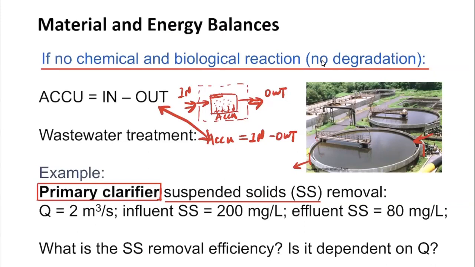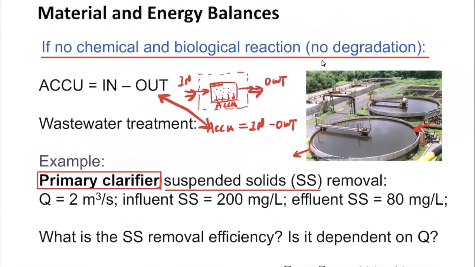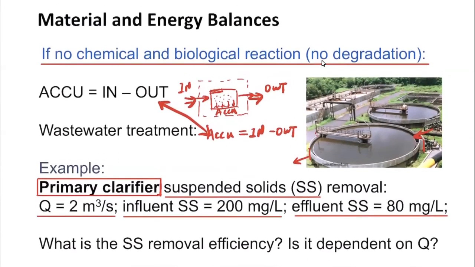For example, let's look at this set of conditions. Assume the flow rate of the wastewater is 2 meters cubed per second. The influent SS is 200 milligrams per liter, and the effluent SS is 80. The question is, what is the SS removal efficiency?